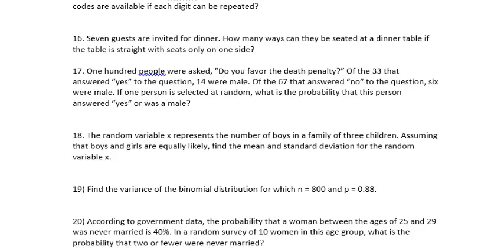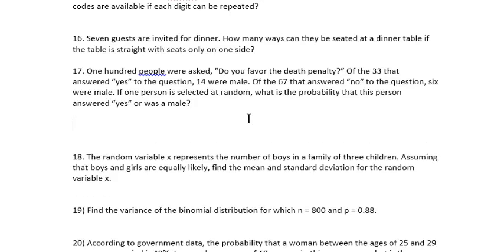Okay, well let's see. There is only one person here. So let's see, how many people are there? 33 answered yes to the question, 14 were males. So there were 100 people altogether.